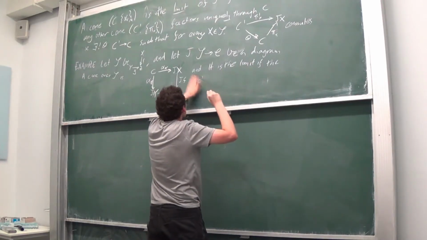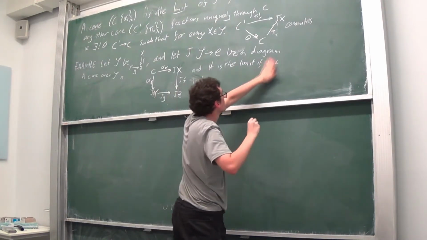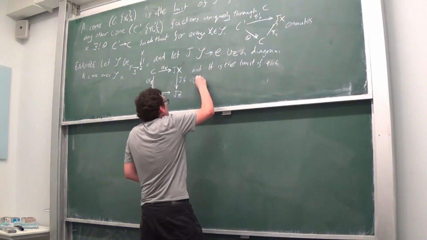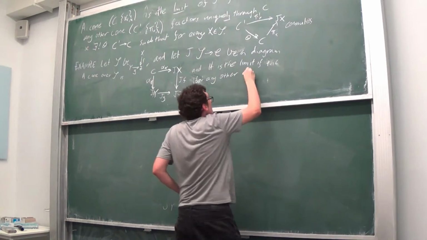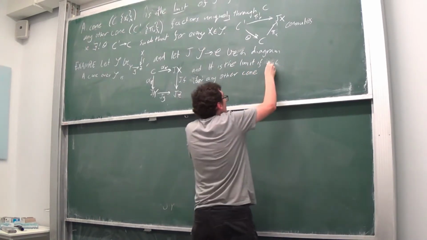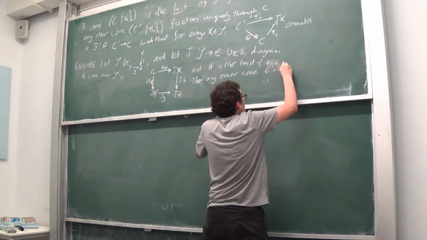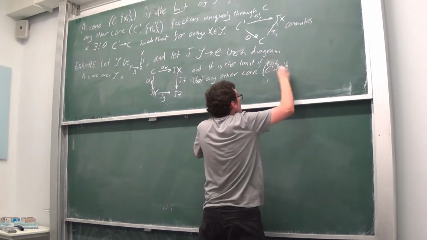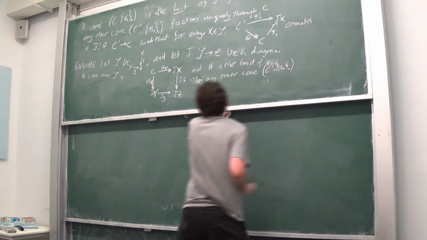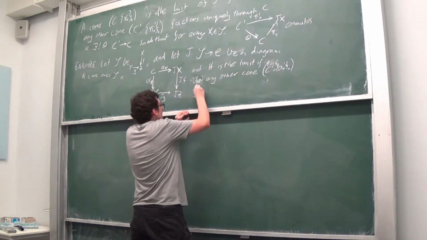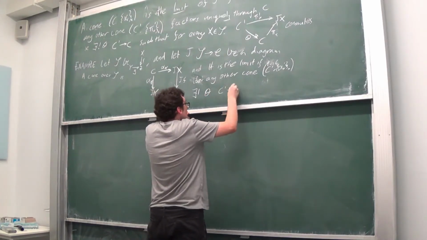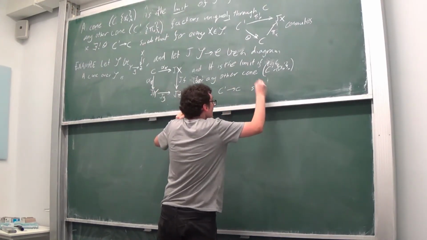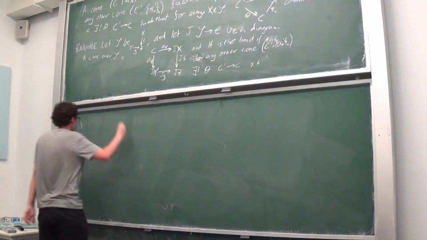How do I want to say that? If C prime with alpha x prime, alpha y prime is another cone, there exists a unique theta from C prime to C such that this diagram commutes.